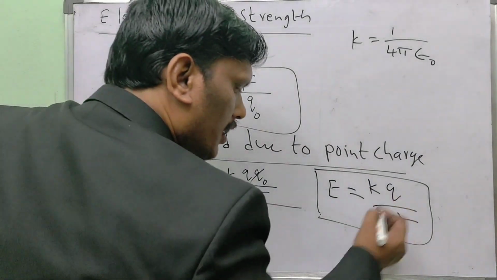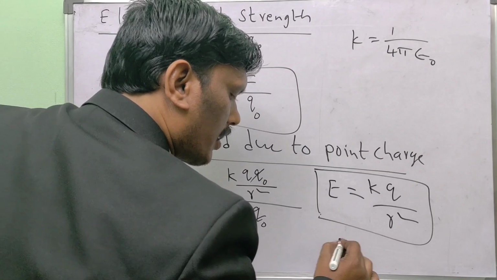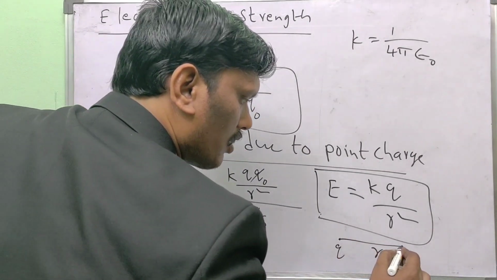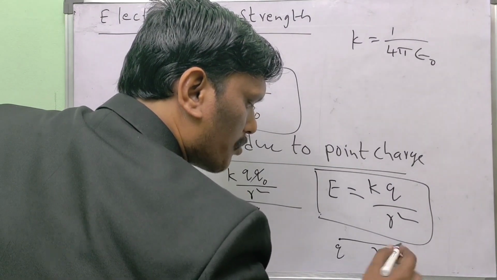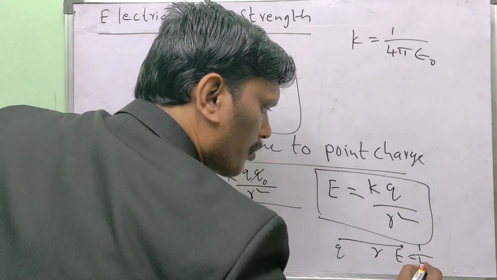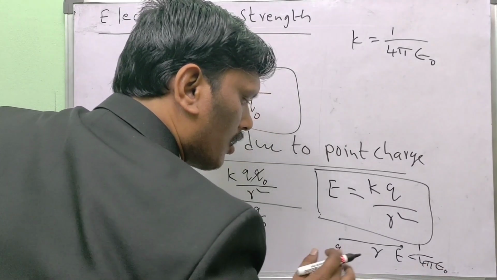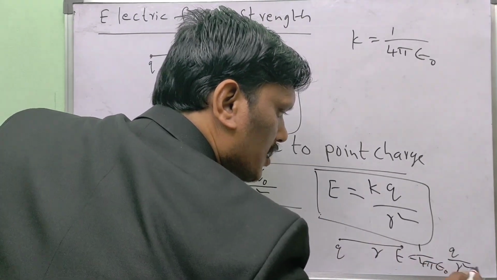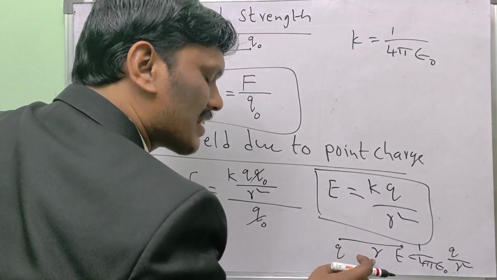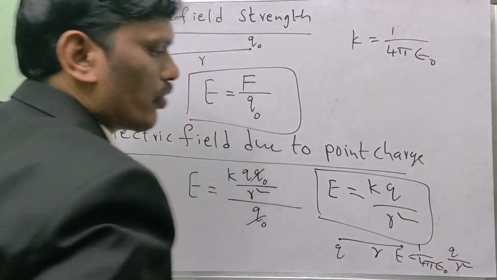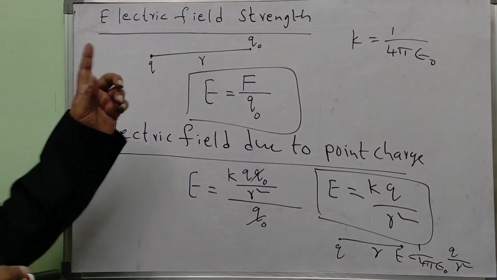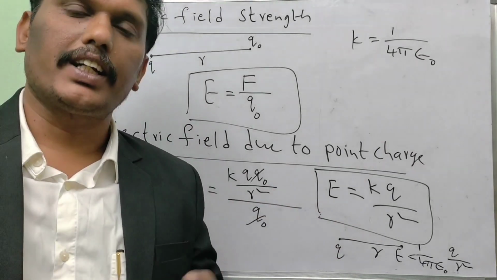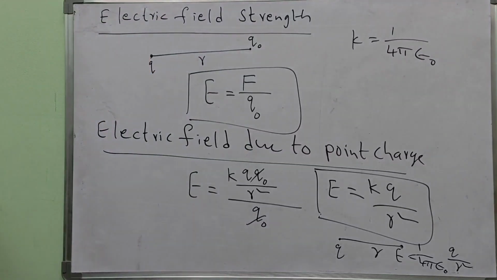If I consider a charge Q and at a distance R I require the electric field because of this charge, then how to calculate the electric field strength at this point? 1 upon 4 pi epsilon naught, this charge, by the square of the distance of the point from the charge. That is R square. That's all, my students. This is the electric field strength because of a point charge at a distance R from the charge. Note down.